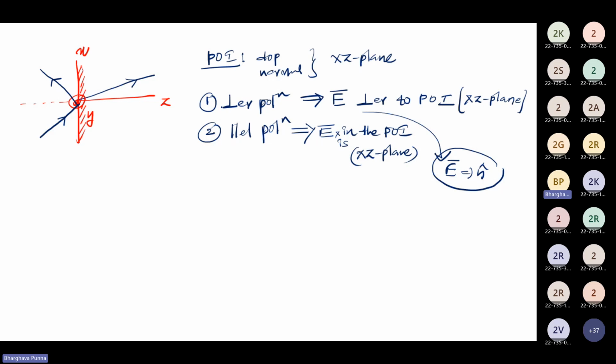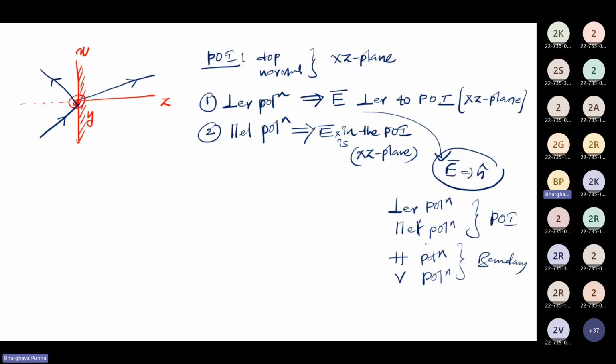Perpendicular and parallel polarization are given with respect to the plane of incidence, but horizontal and vertical polarization are names given with respect to the boundary.